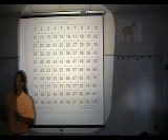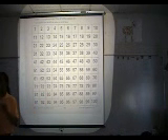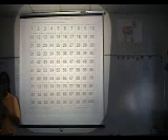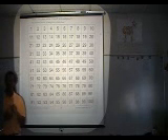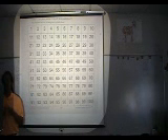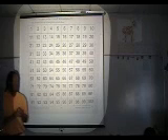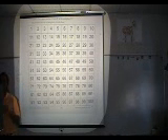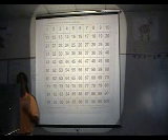Okay? So if it's an even number, it's divisible by 2, which means it ends with a 2, a 4, a 6, an 8, or a 0.